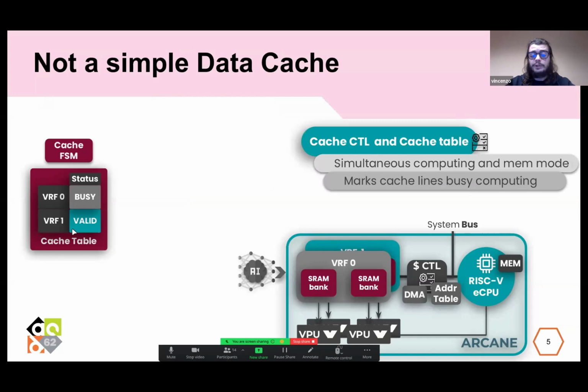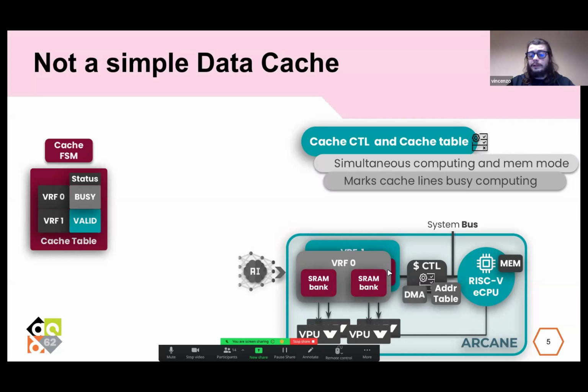So we have a cache table, which is more or less a standard cache table you would find in a standard data cache. But this cache table has, among the status bits, some more bits that are helpful for us to determine whether a vector register is being used for computation, and therefore it is not accessible from external load and store instructions.